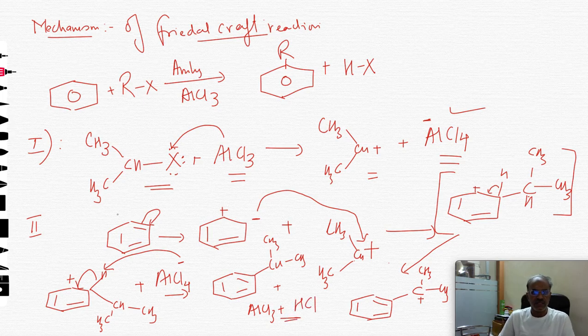Fine. So ultimately we have got again the AlCl3. So initially there is a formation of a negatively charged AlCl4 species, which in the second stage abstracts the proton to complete the aromaticity, leading to formation of alkyl benzene. We have seen electrophilic substitution reaction.